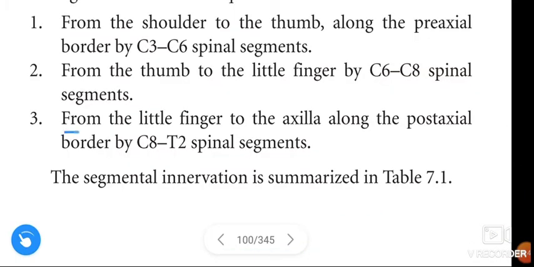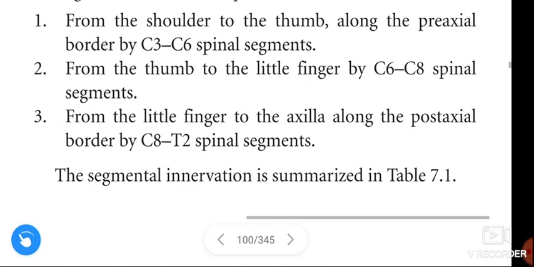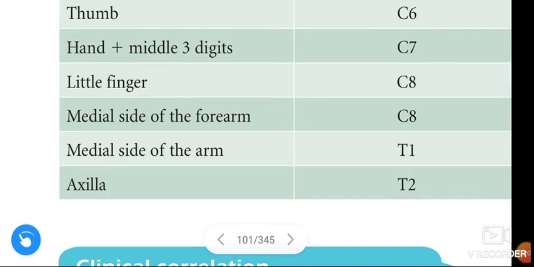See here, from the little finger to the axilla along the postaxial border by C8 to T2 spinal segments. Little finger C8 and axilla T2. Okay, little finger to axilla, C8 to T2 spinal segments.